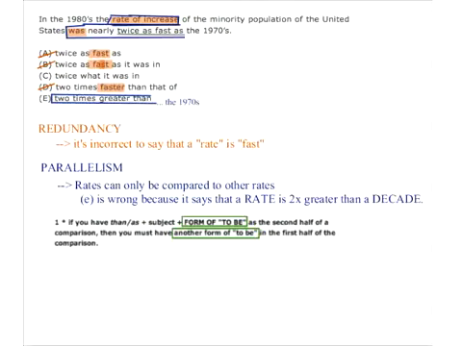We're done. This is the last problem anyway, so I appreciate you saying that. Here's your form of 2b. There's a form of 2b. There's another form of 2b. So this is a valid antecedent. And then you're actually talking about 2 rates. The rate was twice what the rate was in the 70s. Rate. So it's parallel and it's got the 2b going on. So we have a winner.